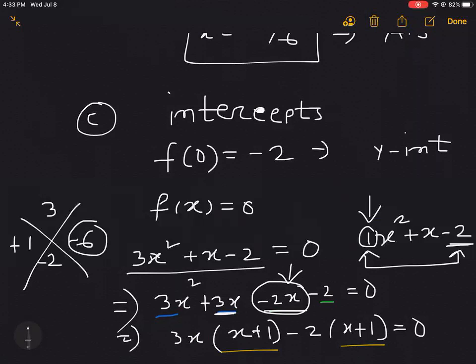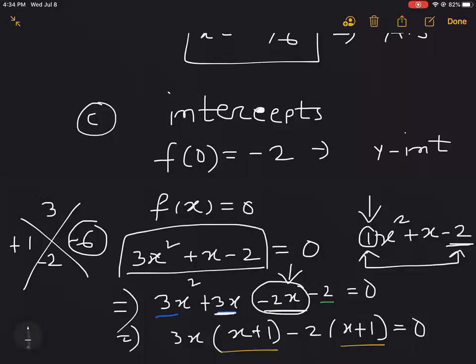Okay, so I can see the domain is negative infinity to infinity. And why is that? Anyone? Why is the domain from negative infinity to infinity?